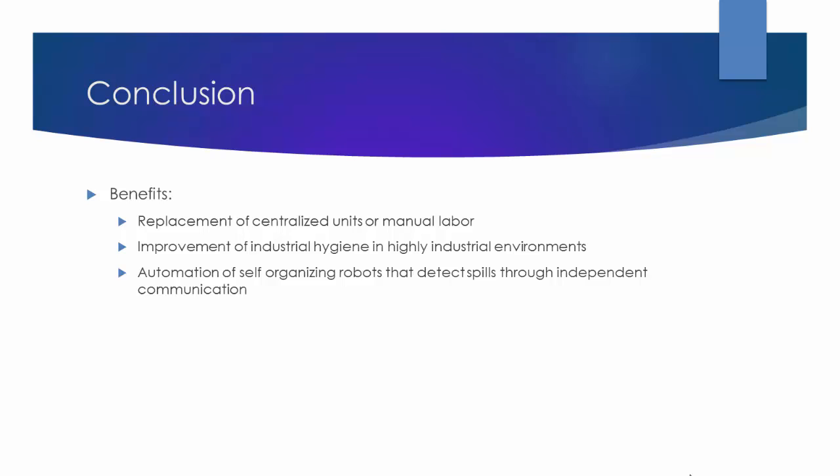So it really is an improvement of industrial hygiene in highly industrial environments, and automation of self-organizing robots are able to detect spills through independent communication. That was our idea, and we think that it is feasible to implement into an actual manufacturing facility, and that our MAS model is able to demonstrate that.